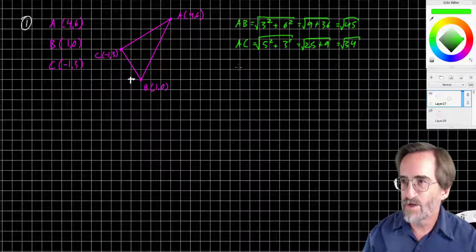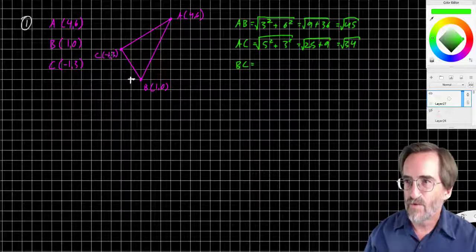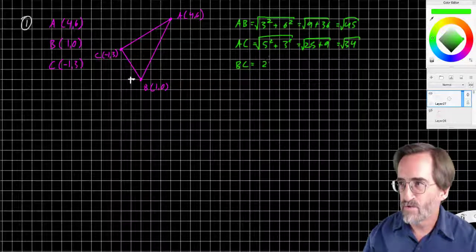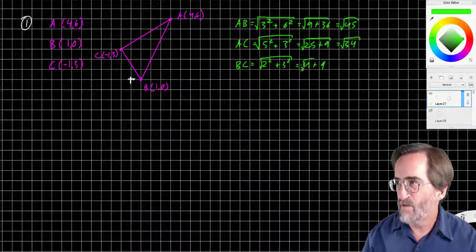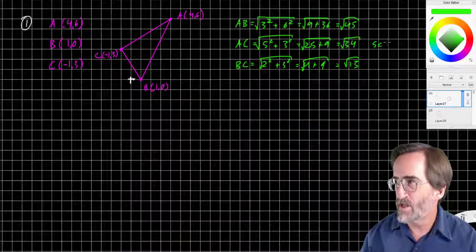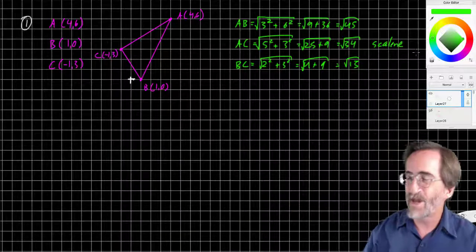And just to finish it off, BC: from -1 to 1 is 2. From 3 to 0 is 3. 2 squared is 4. 3 squared is 9. 4 and 9 is 13. So we have confirmed this is scalene. None of the sides are the same.